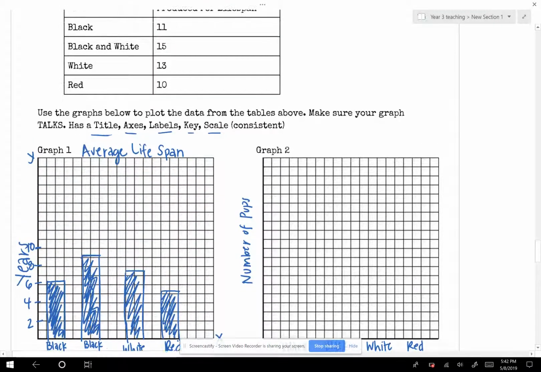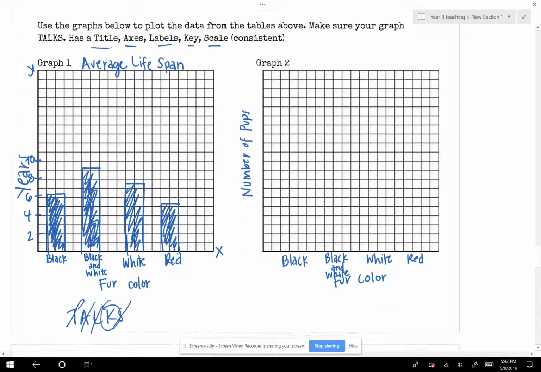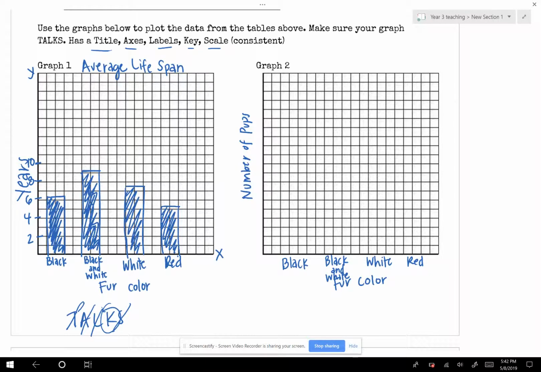Then I'm going to look at this. My highest number is 15. So I should have 15 near the top. I'm going to do 3, 6, 9, 12, 15.